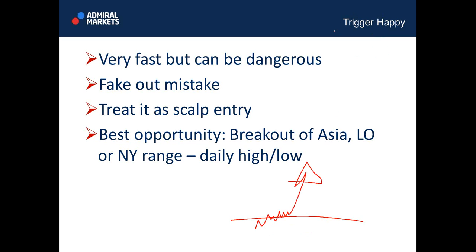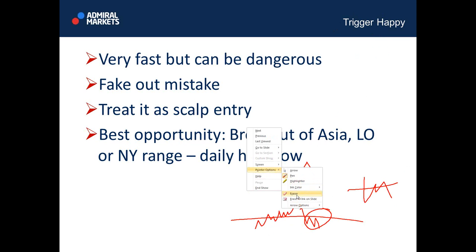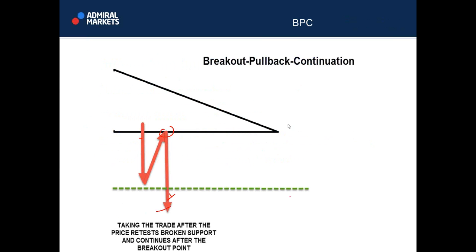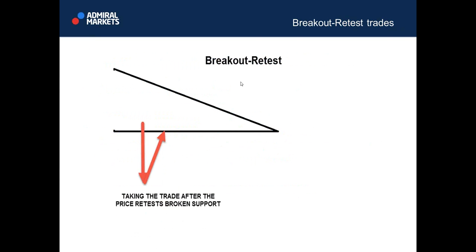But it's also the fastest way to lose your nerves, because if it pulls back and you have taken the price when it's too high or too low, then you're in trouble. That is why I prefer retest trades for breakouts and, of course, my trend trades, where I wait for the breakout, okay? So these kinds of trades can be good. Breakout retest trades: the first risk to reward is okay.